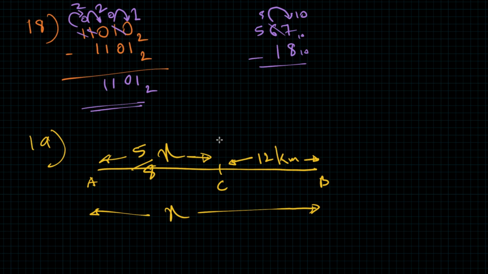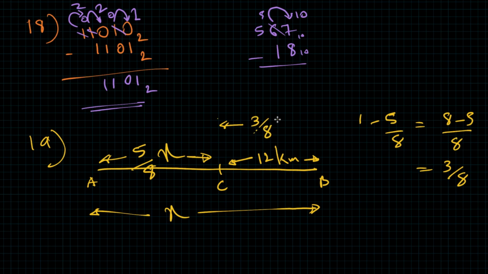To find X, we need to understand what is the remaining portion that he needs to travel. If the entire distance is 1, he needs to travel 1 minus 5 out of 8. If you simplify this, it's 8 minus 5 over 8, that means 3 out of 8. So we can write the distance of this part as 3 out of 8 times X. Now we can build a nice equation: 3 out of 8 X equals 12 kilometers.